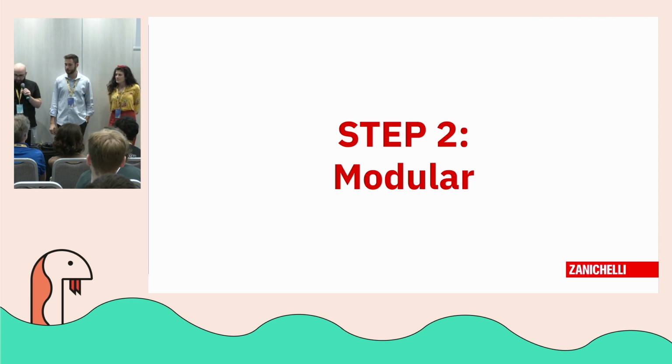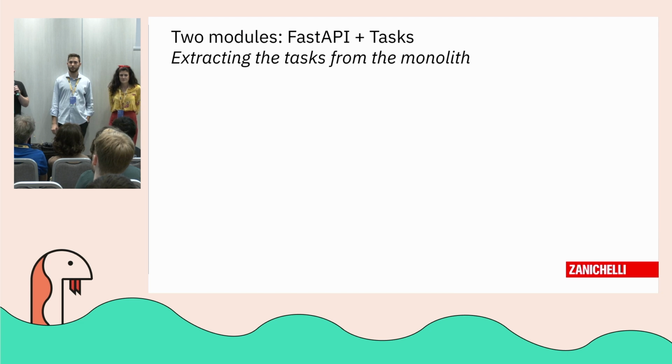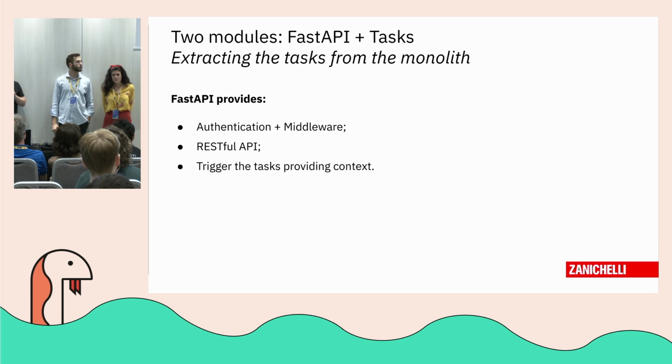Okay, so basically, we have two main components, the API and the tasks. The API should provide the authentication, the middleware, the CRUD operations onto the database, and also trigger the tasks when needed.